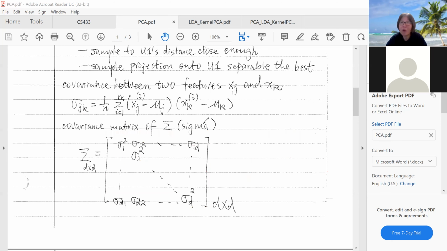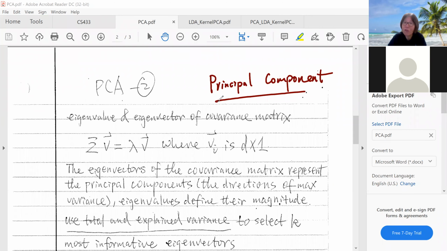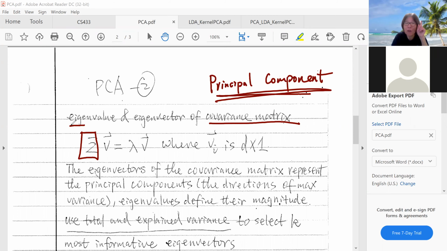With this covariance matrix, the principal component concept is basically regarding that matrix we just saw. We try to find what we call the eigenvalue and eigenvector of this matrix.